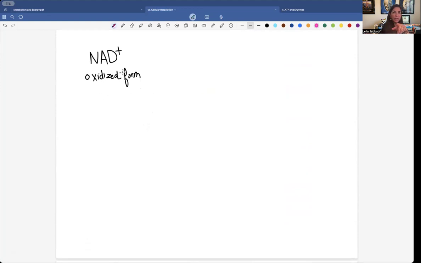So I wrote here NAD+ in its oxidized form is going to become NADH + H+. This is kind of how we actually write it. That's the reduced form.